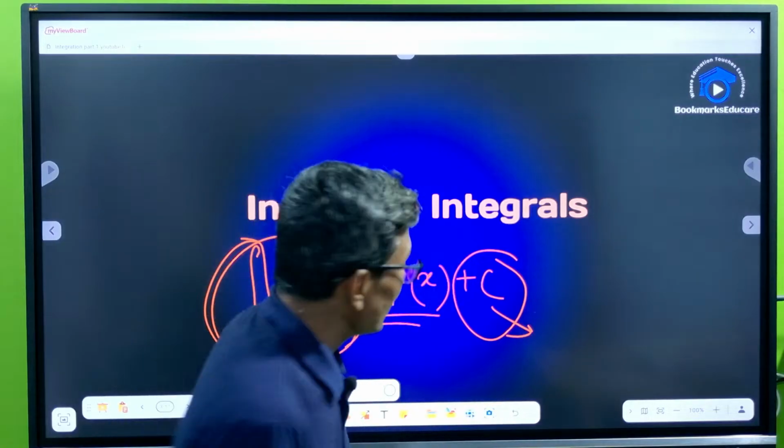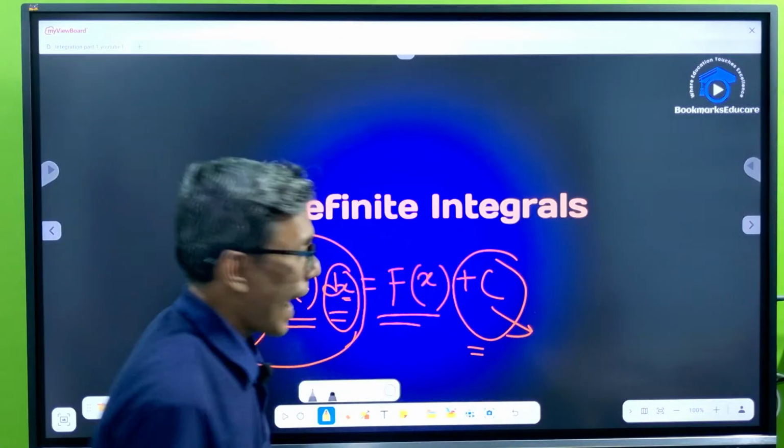After solving the integral, we get C as an added term.